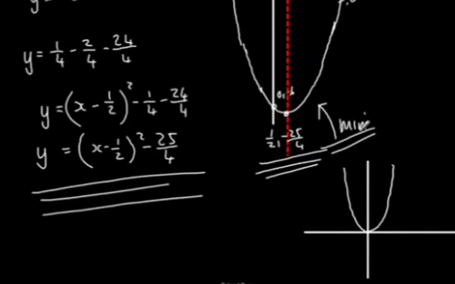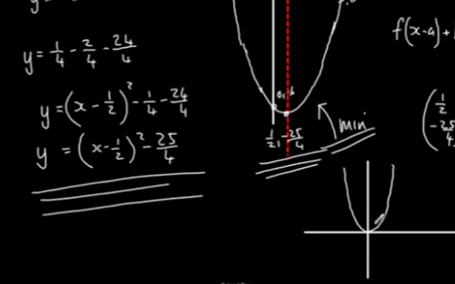If we look at the vector right here, we've got now the f of x minus a, and then we've got plus b. So this moves 1/2 to the right, and it moves down by the 25/4.